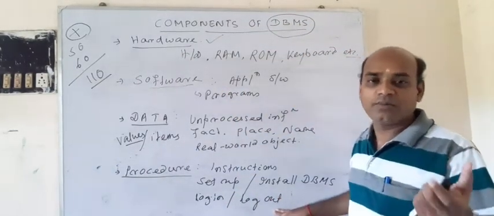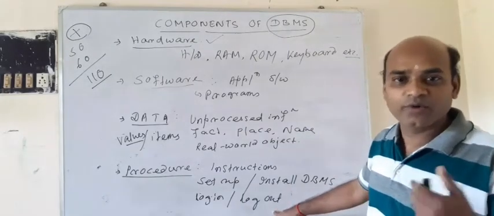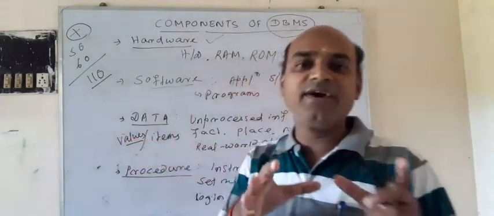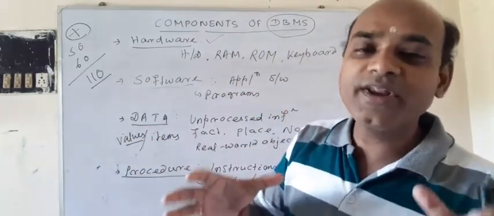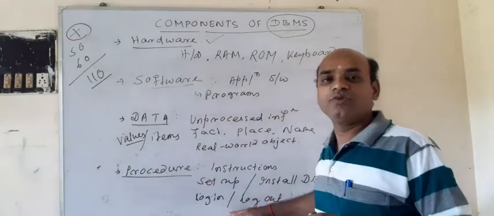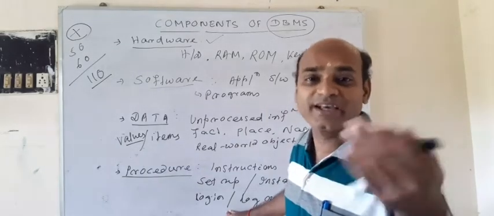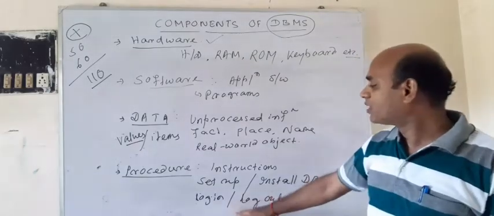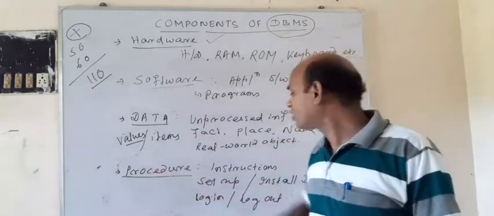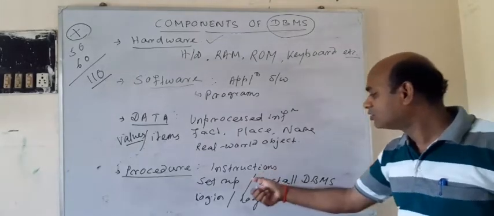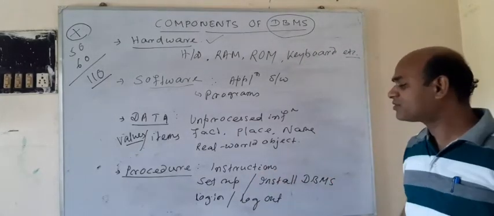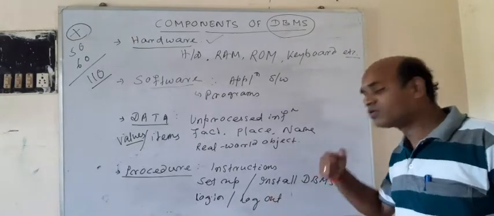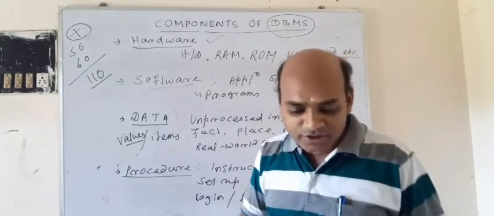That is also for the purpose of security or protection or authentication. Some confidential data values or confidential things cannot be exposed. So by using proper login or logout, we require some procedure. That procedure gives some instruction on how to set up, how to install the database management system, how to log in to the database management system, how to log out of the system. This is also required. This is the procedure.